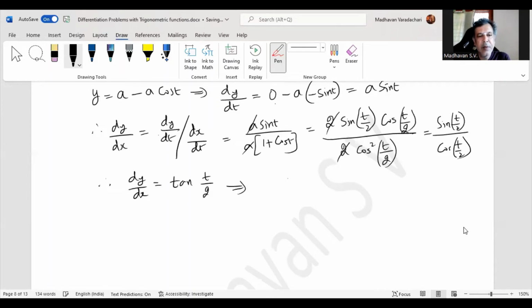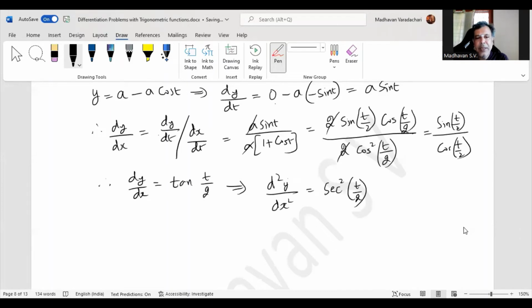Now that means our d2y, that is second derivative by dx squared, will be, if I differentiate tan x, it is secant square x. So here it will be secant square of t by 2.